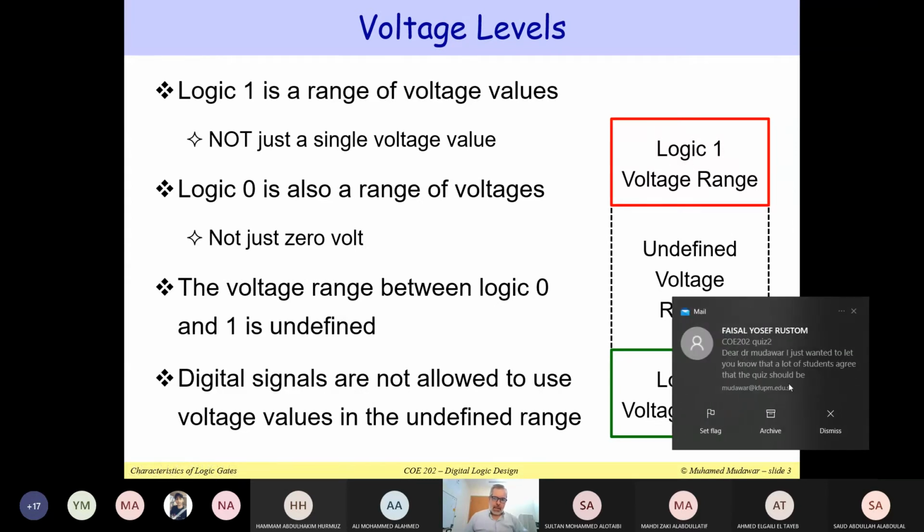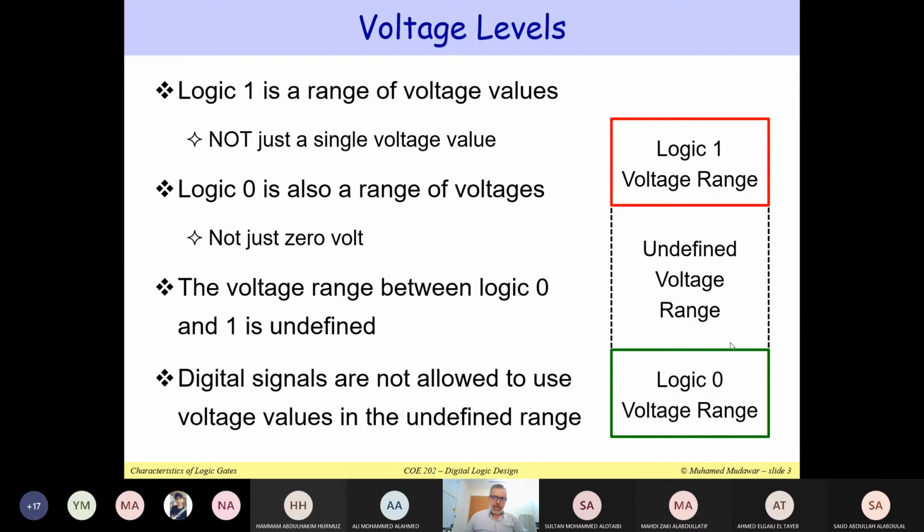It has to pass through this undefined voltage range. So whether it is rising or going down, this voltage range is still undefined. Either the signal is 0 or 1; in between, we say it is undefined. So we don't really use the voltage values in this undefined voltage range. There is this gap between logic 0 and logic 1.